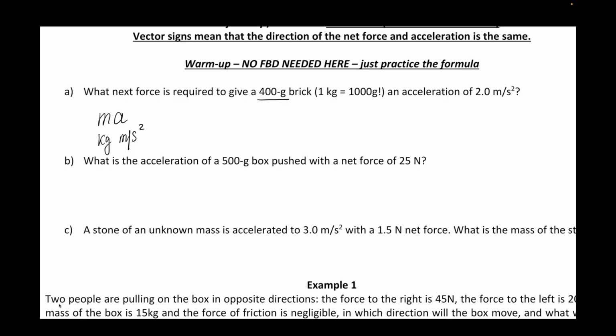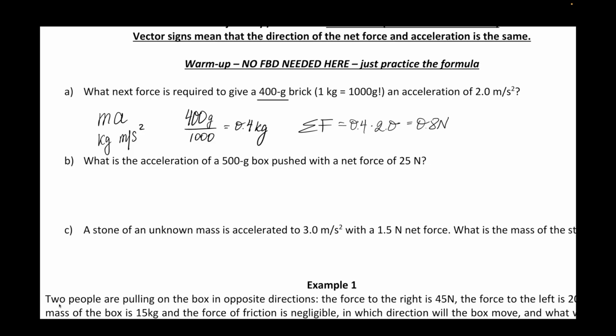If you remember, there are 1,000 grams in a kilogram, so you divide the 400 grams by 1,000 and end up with 0.4 kilograms. So the question here is, what is the net force required to accelerate this 400 gram, or 0.4 kilogram, object at a rate of 2 meters per second squared? That's going to be 0.8 newtons, the net force.